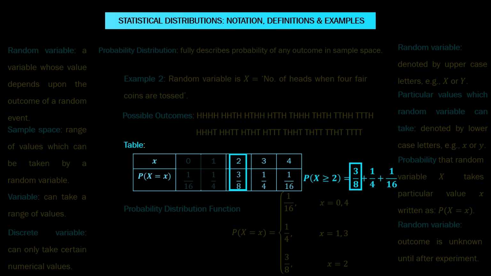So probability x equals 2 plus probability x equals 3 plus probability x equals 4. And similarly we can calculate other probabilities as well. So the probability that x is greater than or equal to 2 is equal to 11 out of 16.